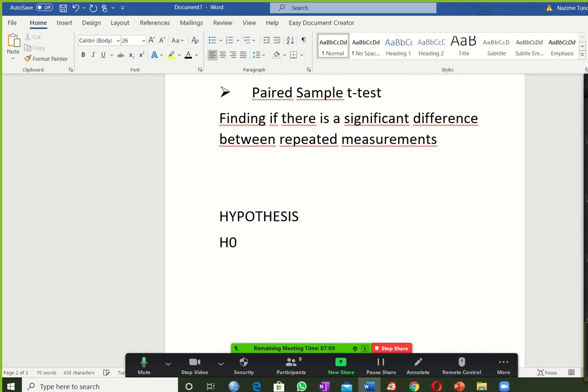H0 is the no difference hypothesis, and the other one is just the opposite, H1. H0 and H1 are two opposite hypotheses. No difference. Generally, it's not exactly what we have in our mind.